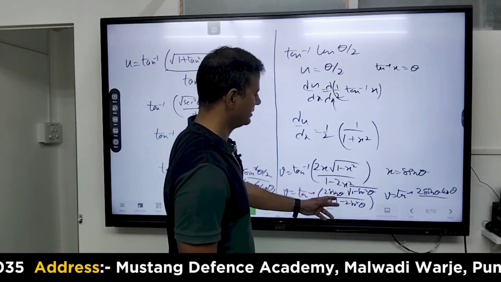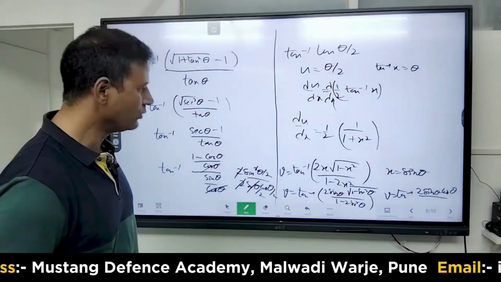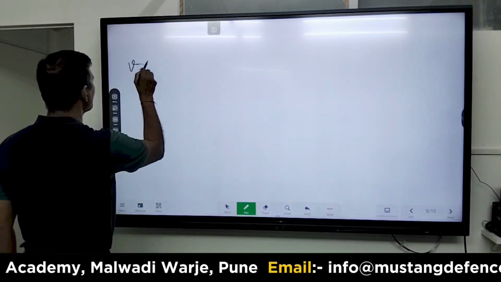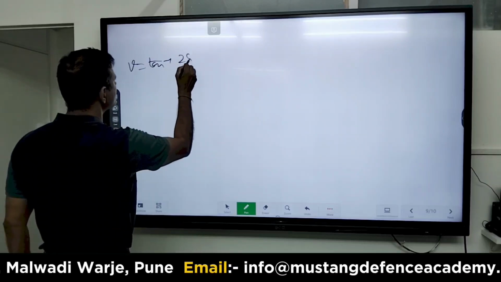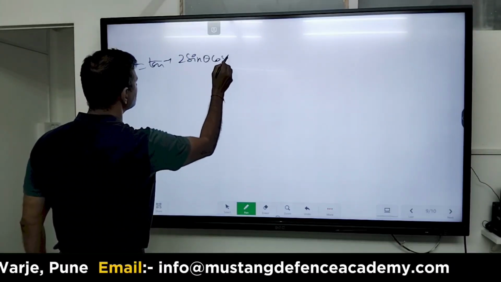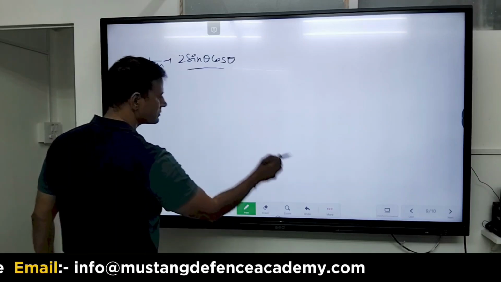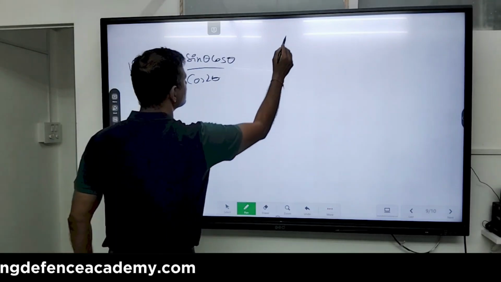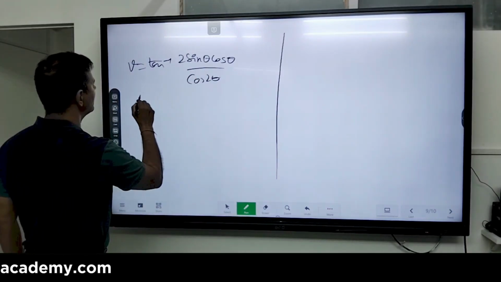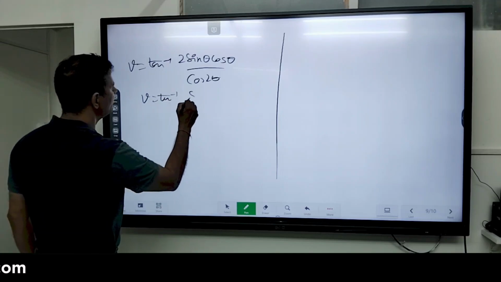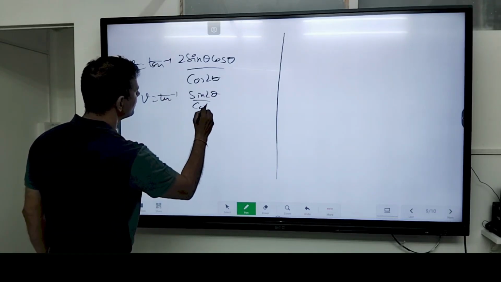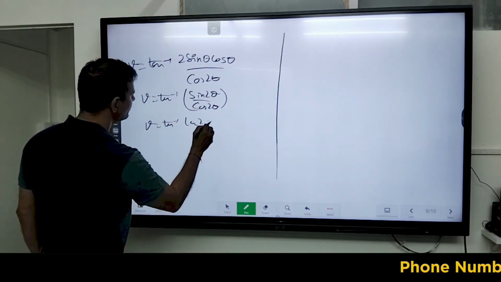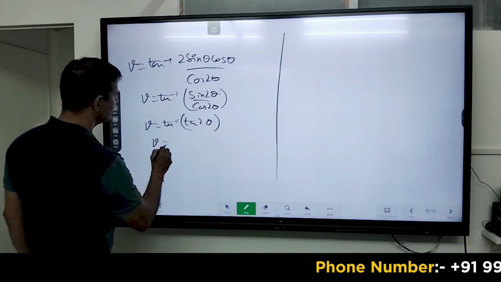And 1 minus 2 sin squared theta would be equal to cos 2 theta. 2 sin theta cos theta is nothing but sin 2 theta. So v is equal to tan inverse of sin 2 theta upon cos 2 theta, which is nothing but tan 2 theta. V is equal to tan inverse of tan 2 theta. So v is equal to 2 theta.